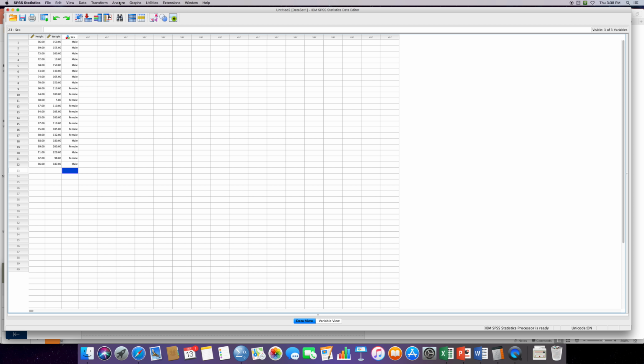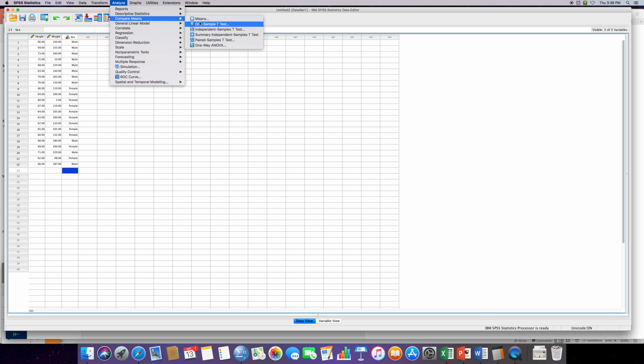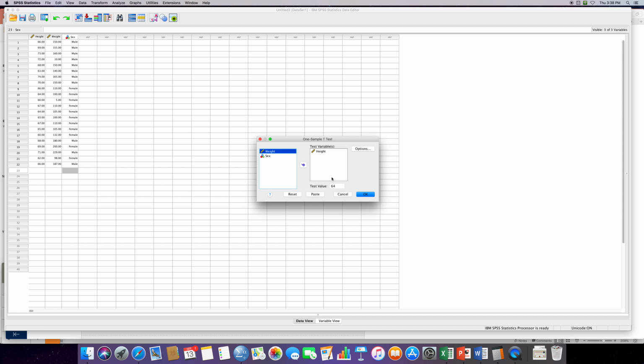So you go up to Analyze, Compare Means, one sample t-test, set your test value. So maybe we'll go, I don't know, this is a really tall group, right? And we're doing high school basketball. That's the group, the population I'm pulling this from.